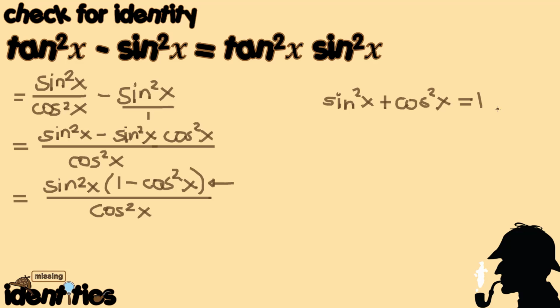And what's the purpose of this? If we subtract both sides by cosine squared x to remove this, of course, you're going to do the same thing on the other side. We will have here an expression which is sine squared x is equal to this result, 1 minus cosine squared x.